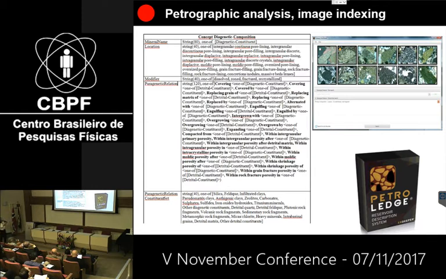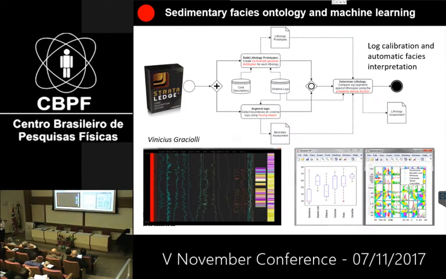Another, that's my PhD, a full ontology for petrographic analysis with the whole terms defined, and use this ontology to index pictures, to describe rock, and use this for further processing by algorithms.